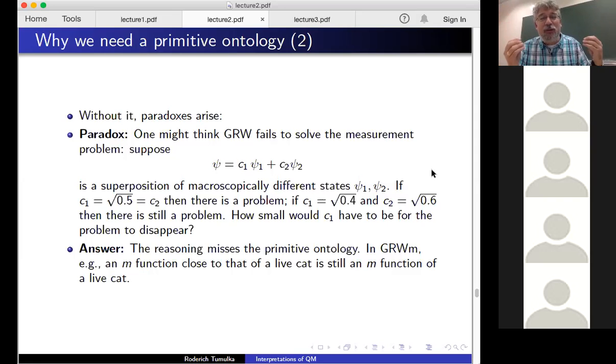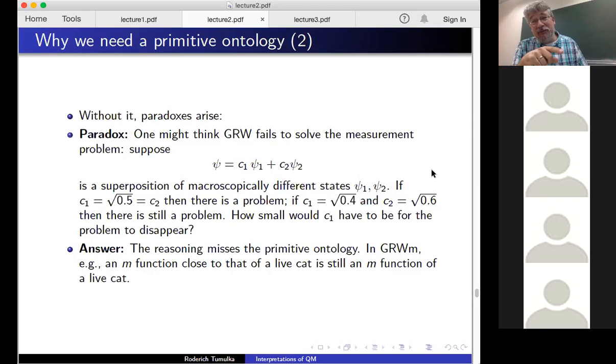How small would C1 have to be for the problem to disappear? This is a kind of slippery slope argument. Slippery slope means you can always go a little farther, and for making a little step, there's never a reason for changing your opinion drastically. So if you think there was a problem with root 1/2, then you should also think there's still a problem with root of 0.4, and you should still think there's a problem with root of 1/10, and so on.